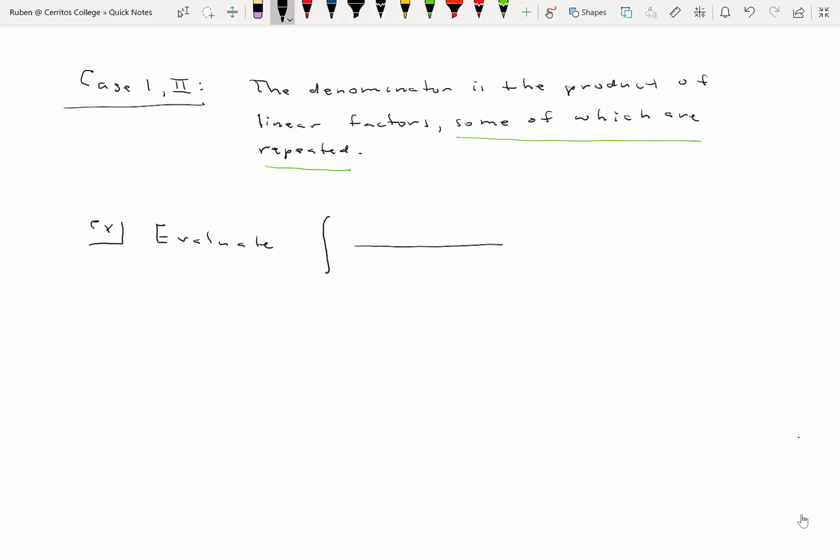Suppose we're looking at 3x squared in the numerator minus 7x plus 5 over x minus 1. That's sort of like before. But this time we have x minus 2 squared. So the linear factor x minus 2 is repeated. It's x minus 2 times x minus 2. Okay. And we integrate with respect to x.